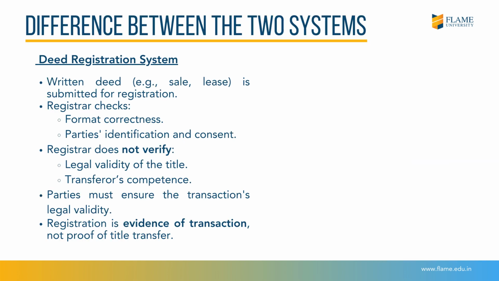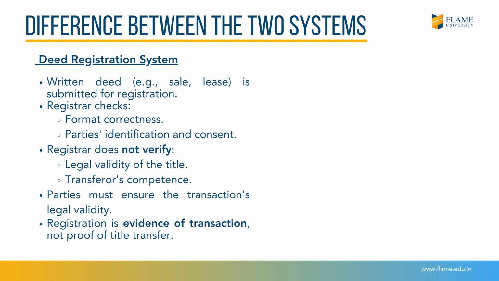In the deed registration system, a written conveyance deed signed by the parties to a transaction such as sale, lease, gift, or mortgage is presented to the registrar for registration. The registrar only examines the completion of formal requirements such as correctness of format of deed, identification of parties, and their consent.